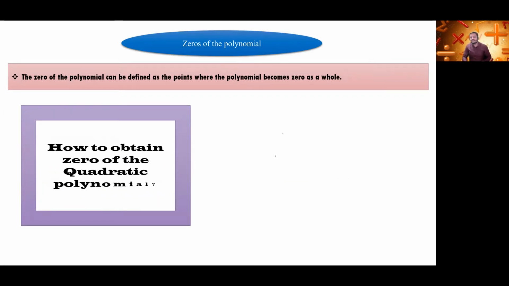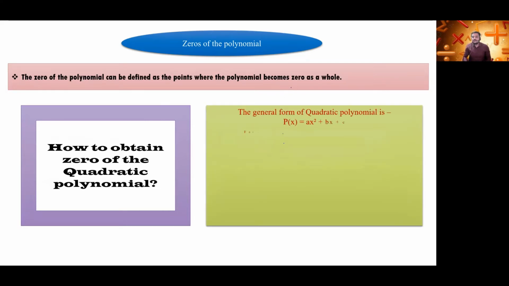Yes, how to obtain the zeros of a quadratic polynomial? Yes, Somesh. Sir, by splitting the middle term. Absolutely correct, by splitting the middle term. See, in a quadratic polynomial, we can split the middle term. We'll see the example, then it will be more clear.